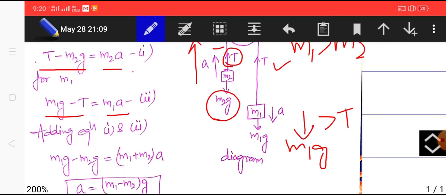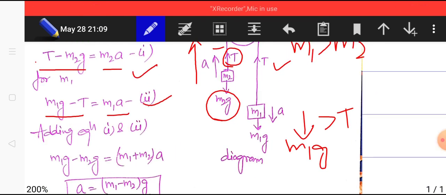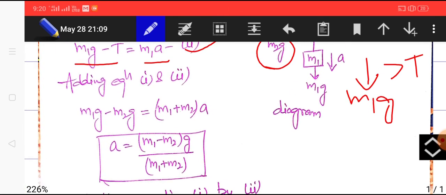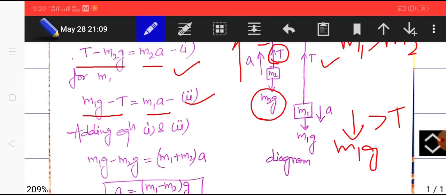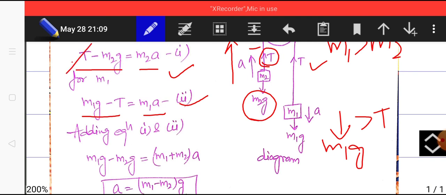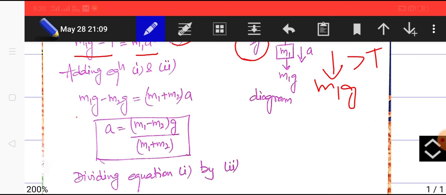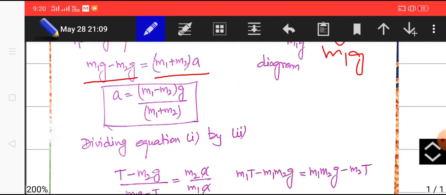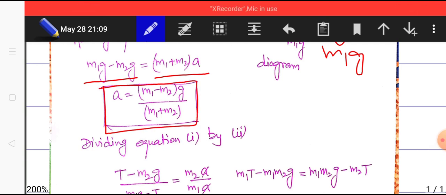Now, after having these two equations, if we add them, the tension variable gets eliminated, and I will have (m1 minus m2)g is equal to (m1 plus m2)a. The acceleration can be found as a equals (m1 minus m2)g divided by (m1 plus m2).